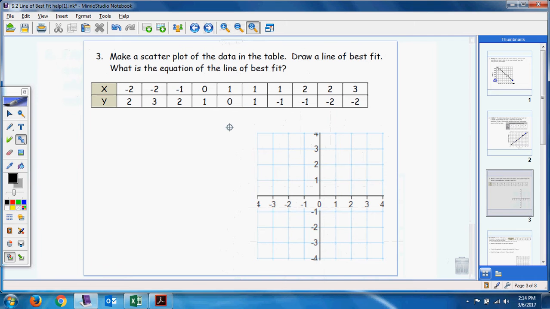All right, look at the next one. Make a scatter plot of the data in the table. Draw a line of best fit. What is the equation of the line of best fit? This is a good one. I'll give you a little bit of time with your partner to go ahead and sketch this.